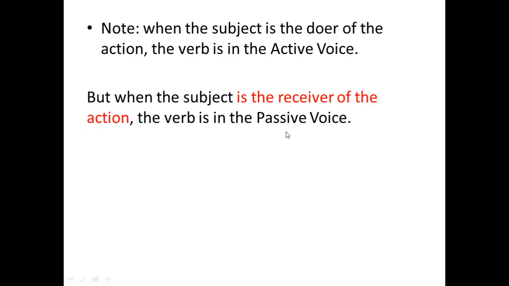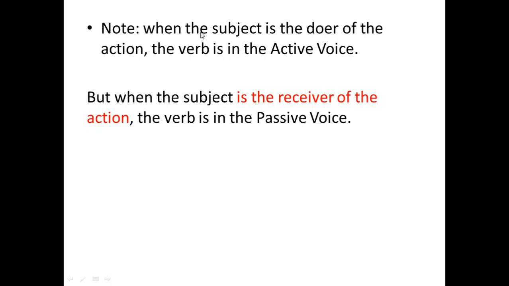So note this. As we talked about, in the active voice the subject is always at the beginning. But for the passive voice, the subject will be found at the end of the sentence.